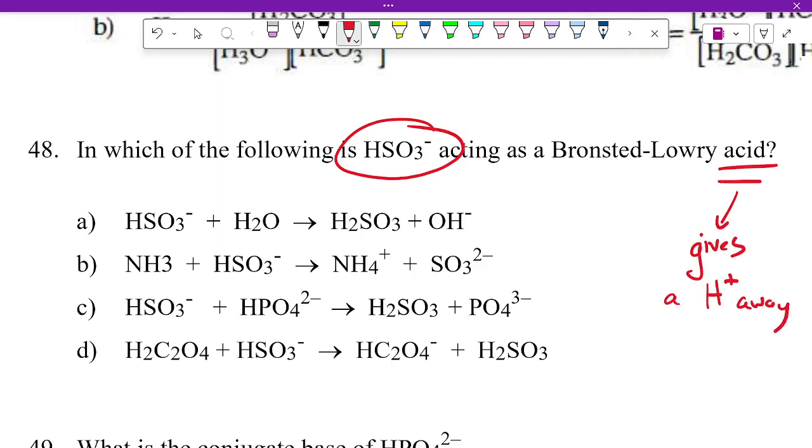And if it gives an H plus away, what does it become? It becomes the Bronsted-Lowry base. What is the formula for that Bronsted-Lowry base if HSO3 gives away a proton? SO3 2 minus. So we are looking for SO3 2 minus in our product, and it's right there.